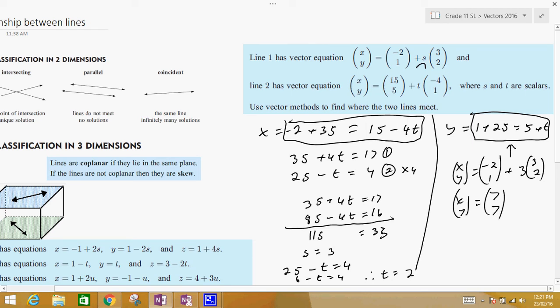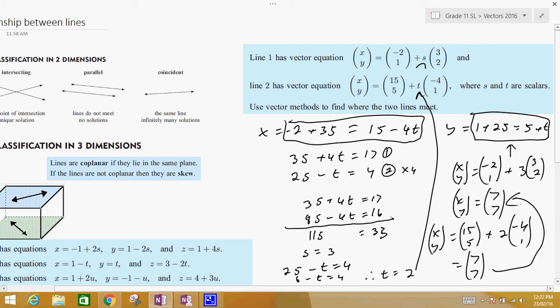And if we plug that into this line, we get (x, y) is equal to (15, 5) plus 2 times (-4, 1). And this is equal to 15 minus 8 is 7, 5 plus 2 is 7. Lo and behold, they're the exact same. And that's where they intersect, at (7, 7).